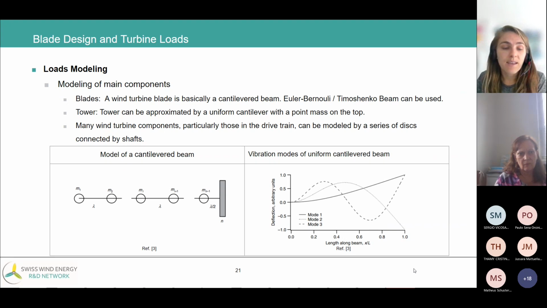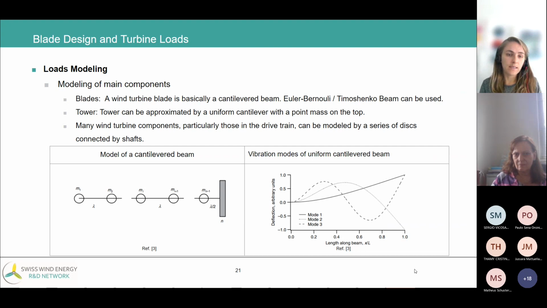Then I told a lot of things about the loads, but one thing that I will introduce, very briefly because it's a huge topic, is how we model these loads. I will start with the blades, of course. We can model a blade like a beam.